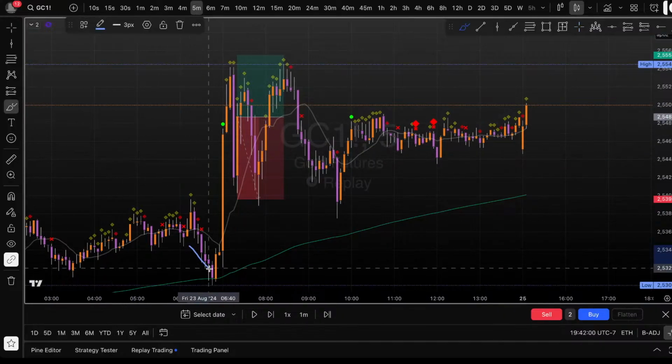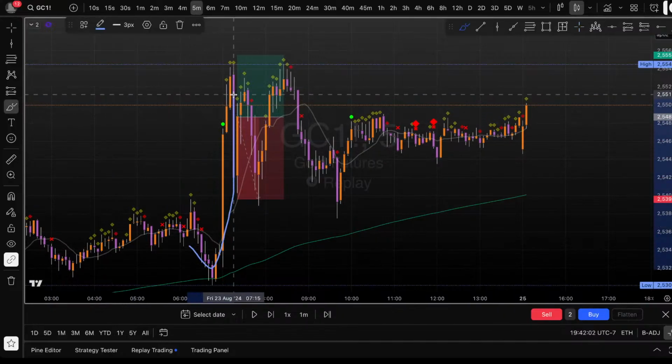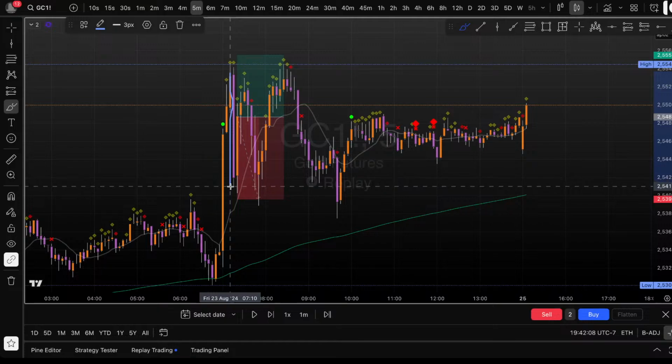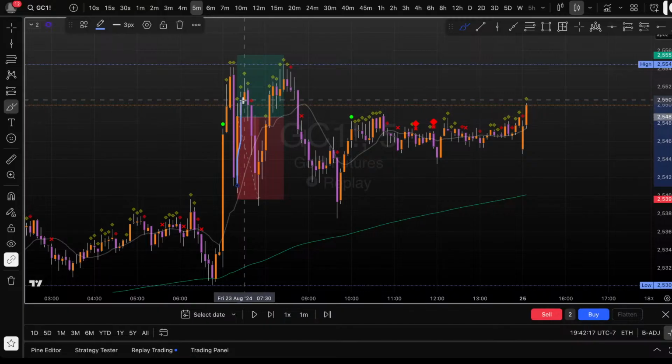We got this huge pump up. FOMO was kicking in. But then it got this pullback here, and then another pump.